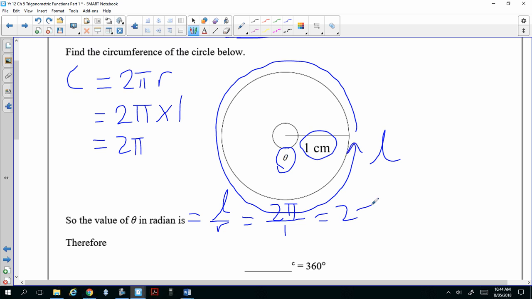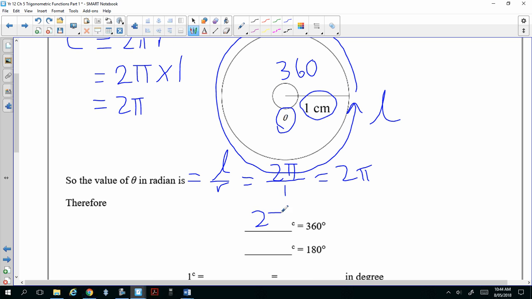So theta in radian is 2 pi. But what's 2 pi in degree? 360, isn't it? So now we have a connection between radian and degree. 2 pi radian is exactly 360 degrees.